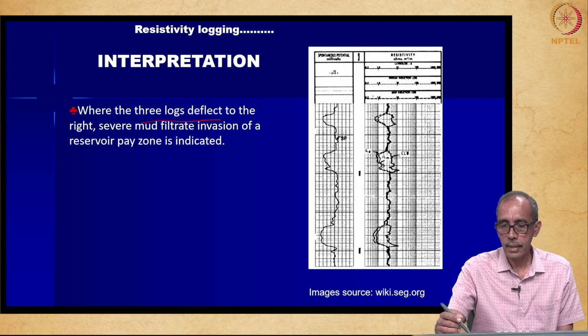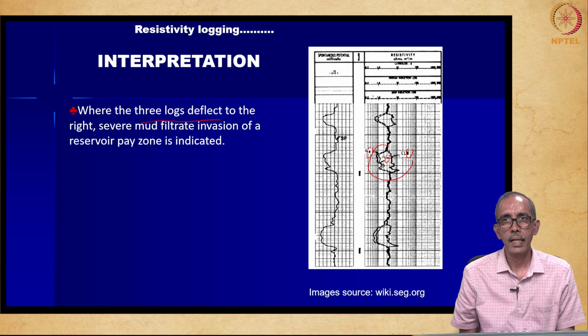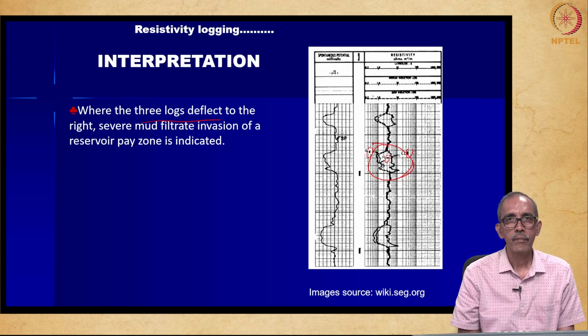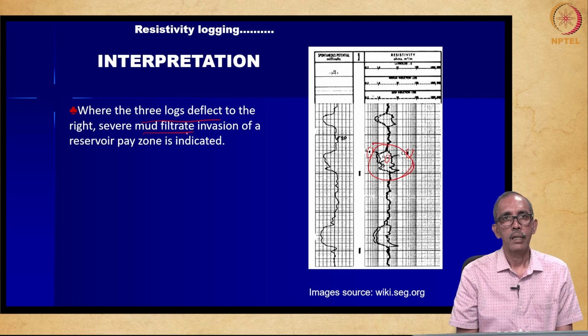Then when the three logs deflect to the right, here is another example. You can see deep, LD is deep, medium and then short given by S. When these three logs are deflecting, what does it indicate? It indicates the effect of drilling mud, invasion of mud into the borehole, right.